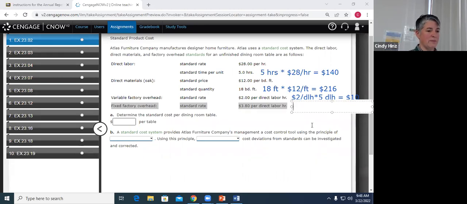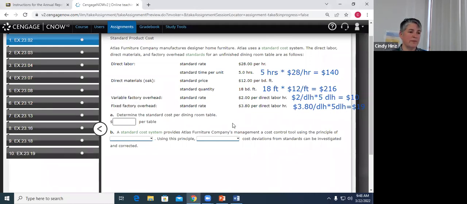And then the last piece is the fixed factory overhead. And again, that's the one that does not follow the flexible budget concept, where we really just want to be looking at how much did we actually use.